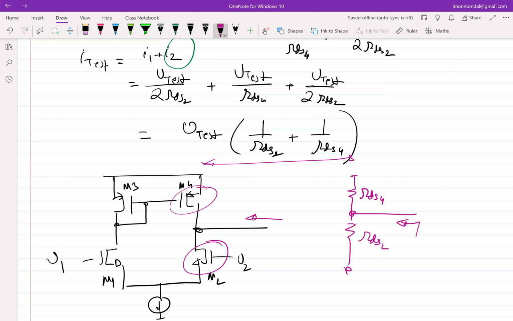But you should understand that it doesn't come because of this effect. This parallel combination of RDS2 and RDS4 comes from multiple effects: you have mirroring, and because of the mirroring, the current gets doubled, and so on.